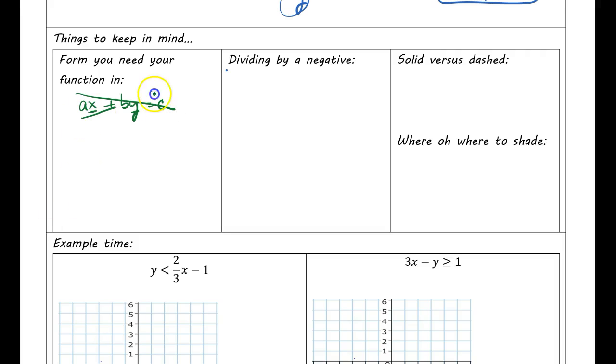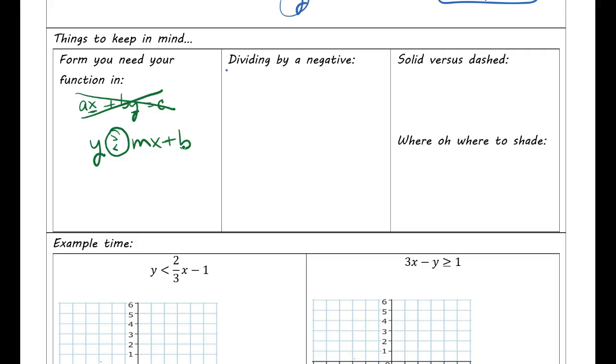Put a big slash through this. We do want ours to be y equals mx plus b. Just like the video last week and the video the week before, this is what you want. Now, in here, there's going to be some sort of a symbol, so I'm just going to draw a big open thing, but there could be less than or greater than or whatever, okay? But you definitely need y equals mx plus b.